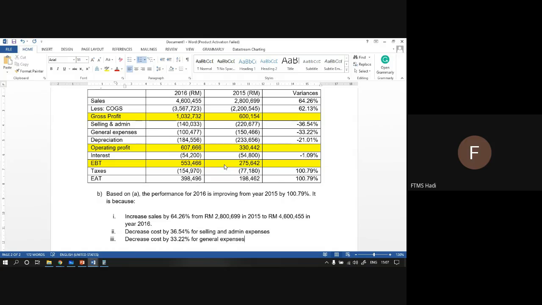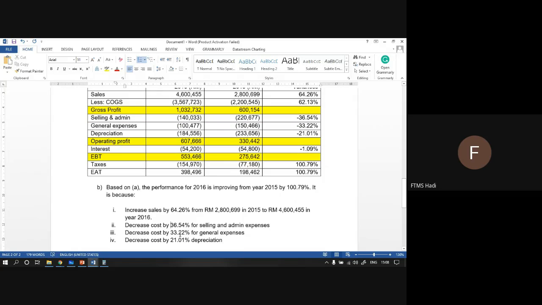And the last one, decrease by 21.01%. You don't have to put negative because decrease shows that negative already.